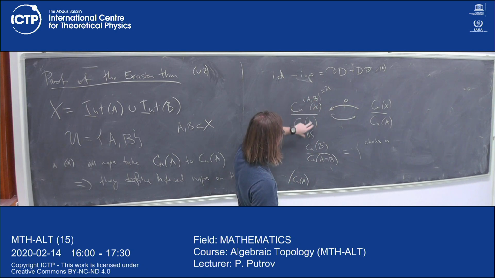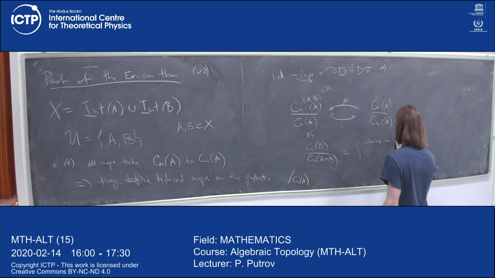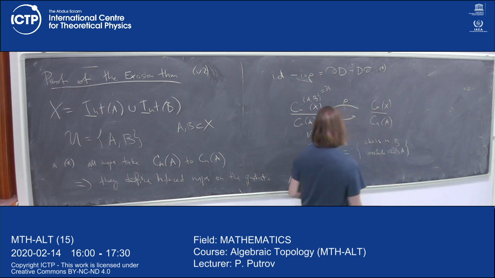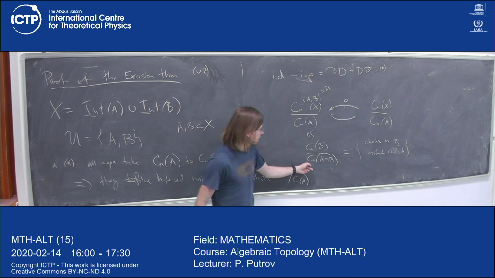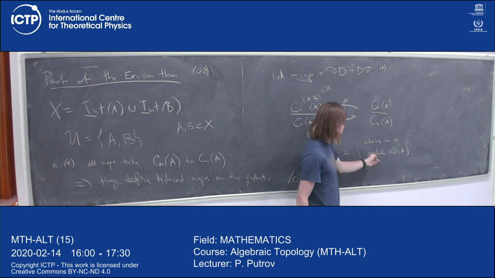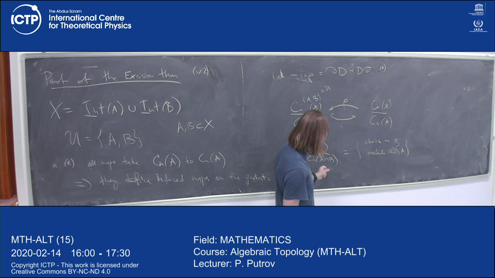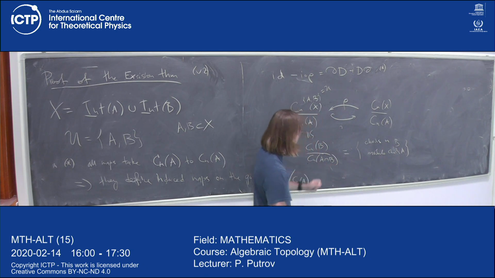Because we divide by this, we only have to worry about chains in B. And we consider them modulo chains which also fall completely in A. But this is the same as: it's in B, but also we want to mod out chains in A which are also in B. So it's the same as factoring out chains which have image both in A and B. So in the intersection.